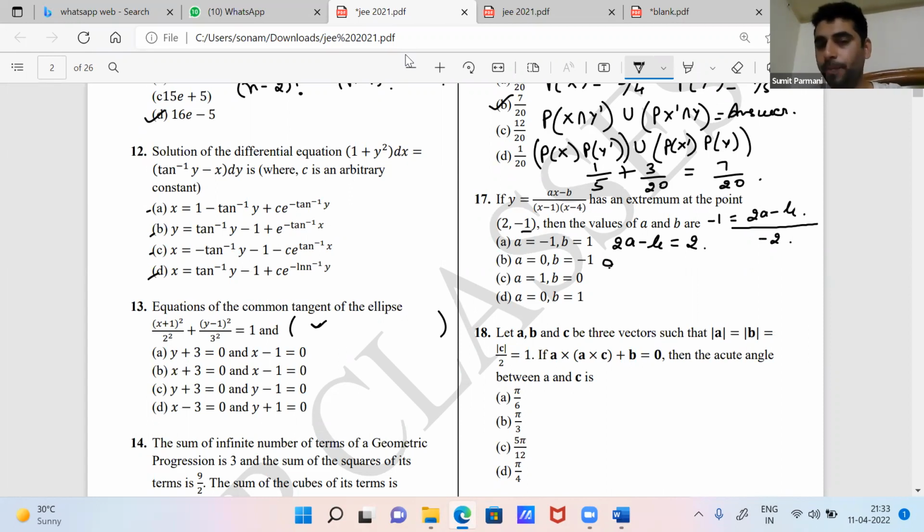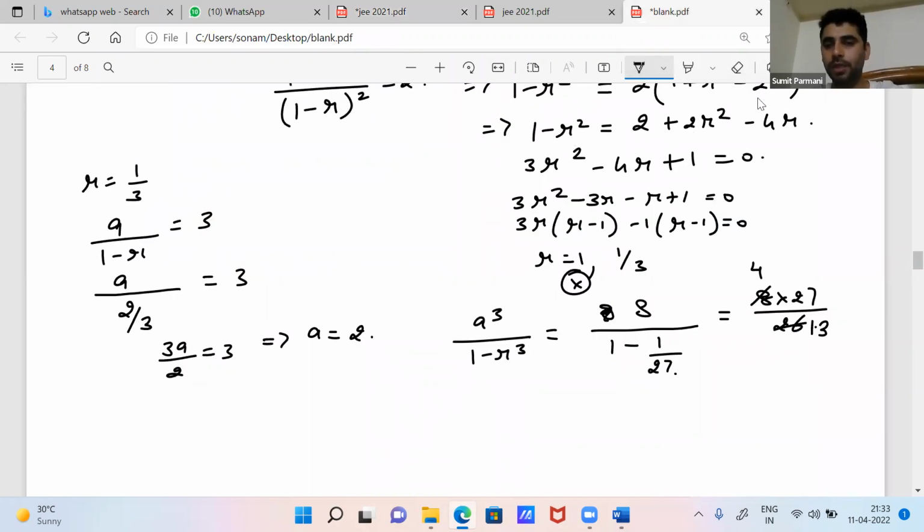For maxima or minima, put dy by dx is equals to 0. That will give you the critical point. So you have to calculate dy by dx for this equation, y is equals to ax minus b over x minus 4 times x minus 1.